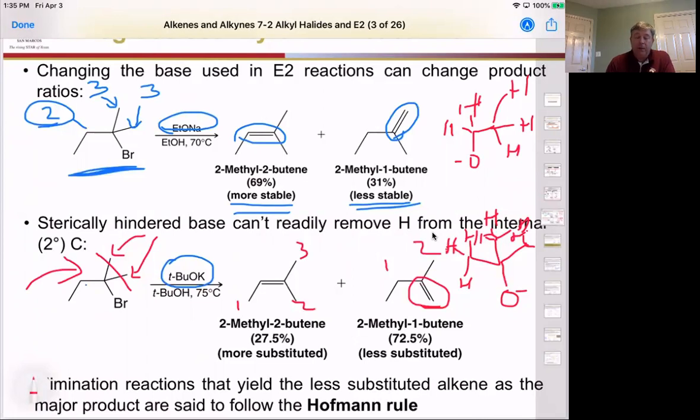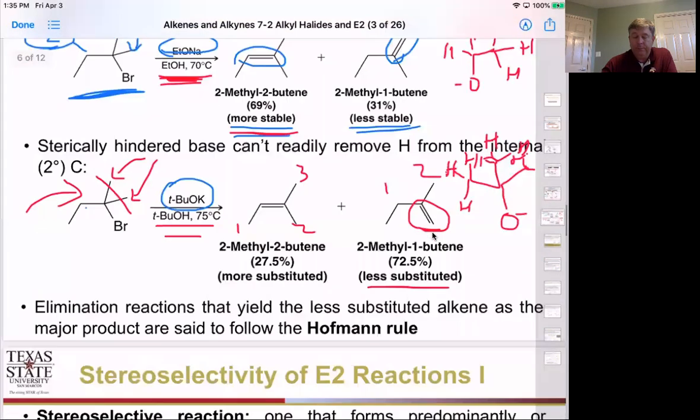So when we are looking at our base right here, we want to look at the sterics of our base. Smaller bases will follow Zaitsev's rule and give us the more substituted product. Bigger bases are going to give us our less substituted material right here, and this tends to follow what we call the Hofmann rule. So once we figure out what kind of base we have, we look at how big it is to determine which way the reaction will go.